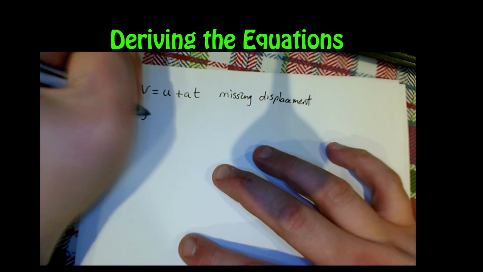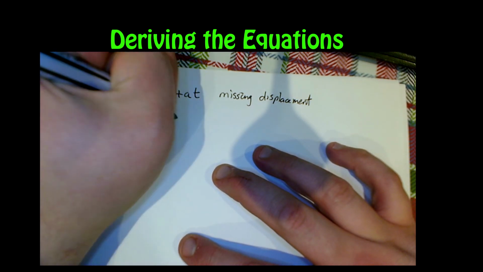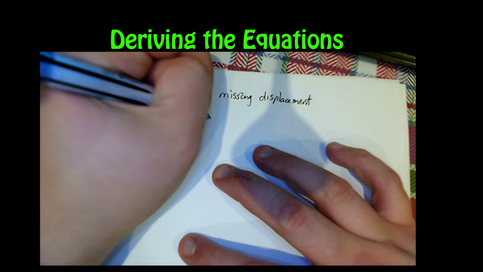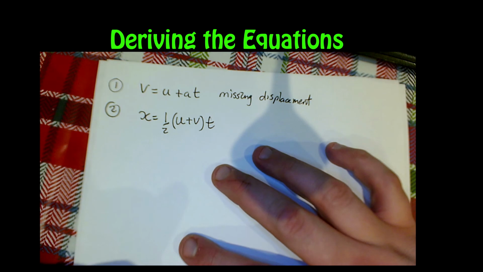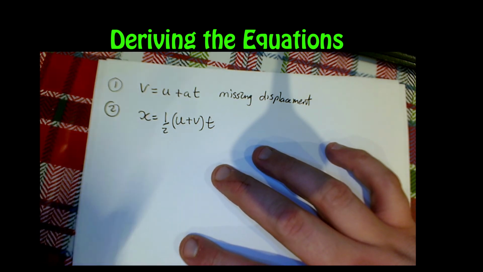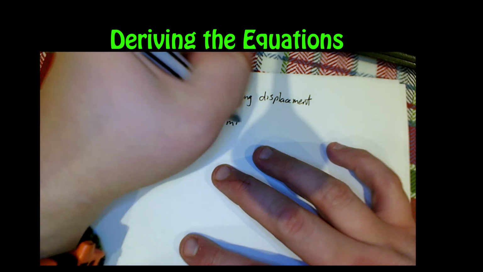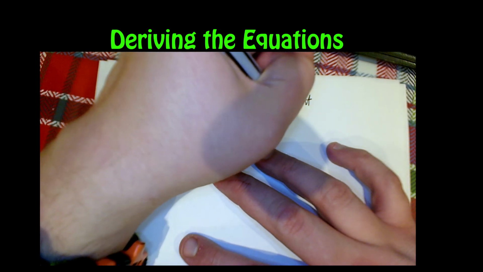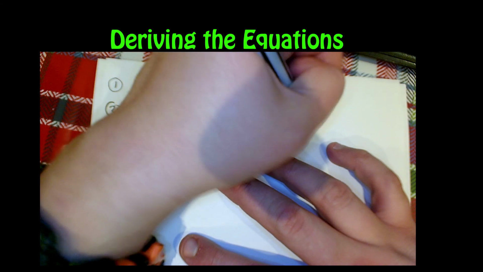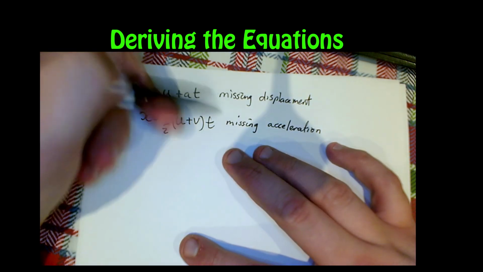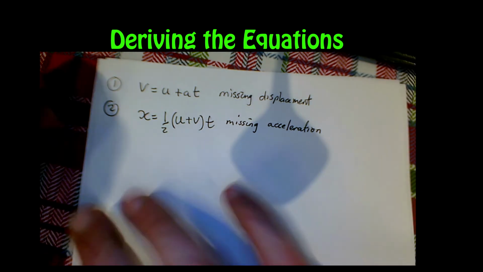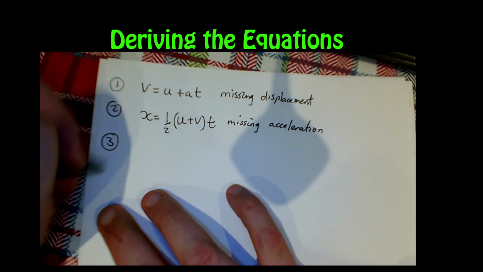Equation number 2, x equals a half (u plus v) t. Remember, when it's an addition, doesn't matter which way around they go. We use this one if we are missing acceleration. And by missing, what I mean is that it's not anywhere in the question, it's not what you asked for, not interested in it.